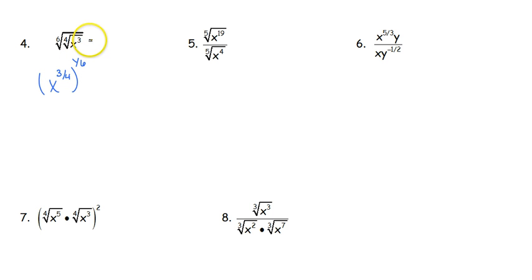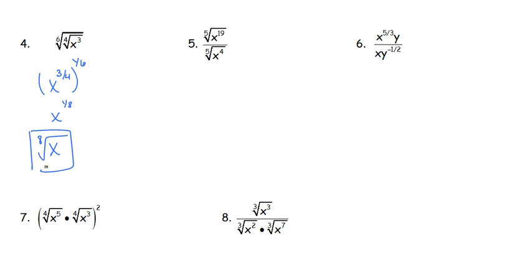So if I go from radical form to fractional exponent form, I see that I just have a power to a power, and I take 3/4 times 1/6, and I get x to the 1/8. You get 3/24, which reduces down to 1/8. Now that I have my answer simplified, I need to go back into radical form. X is the base, raised to the first power, taking the 8th root.